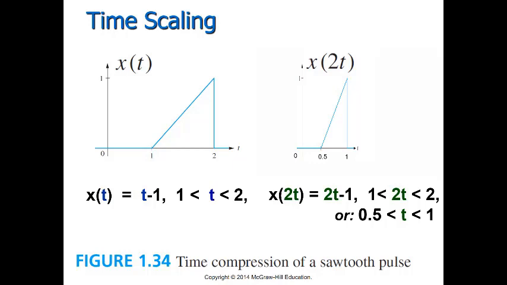We see the illustration of this in the picture above. Comparing x of t to x of 2t, we've compressed it back towards the t equals 0 axis. So the 1 is compressed back by a factor of 2 to 1/2. The endpoint at 2 is compressed back to 1.